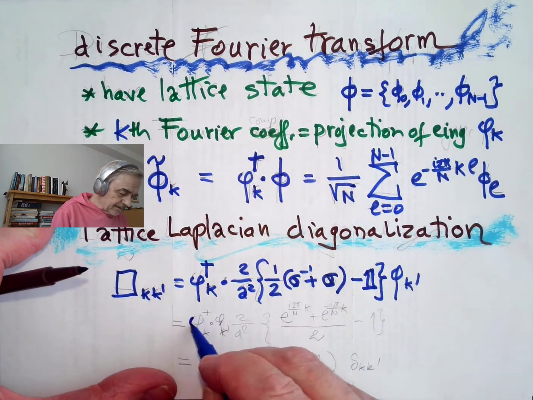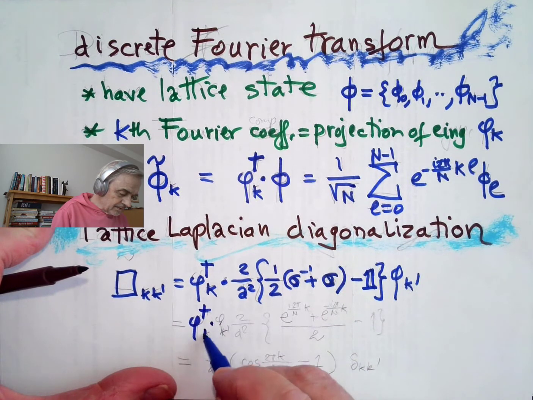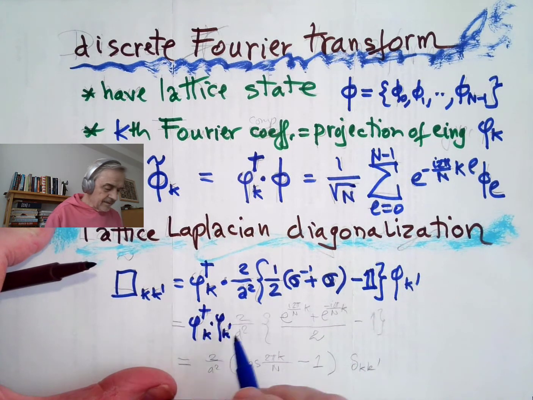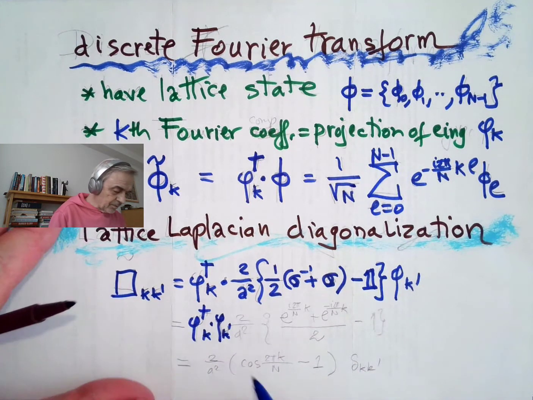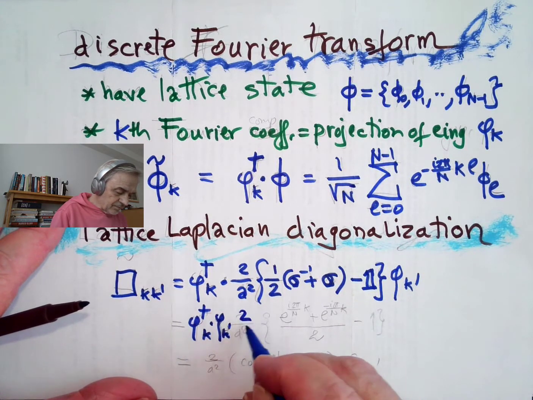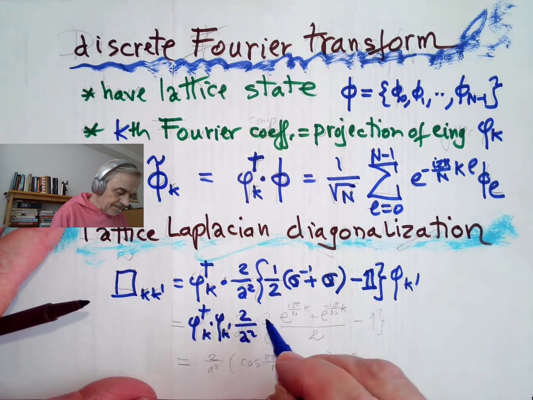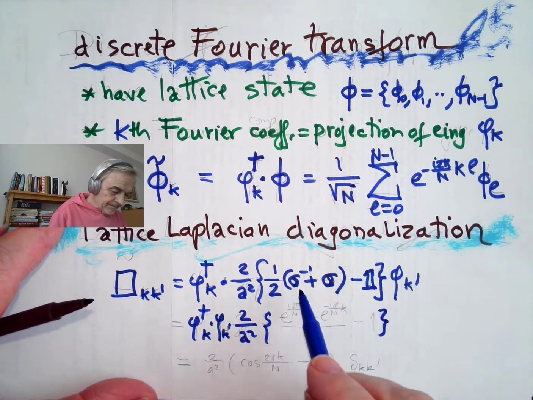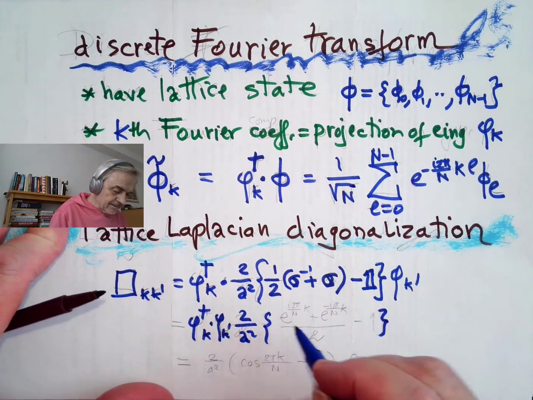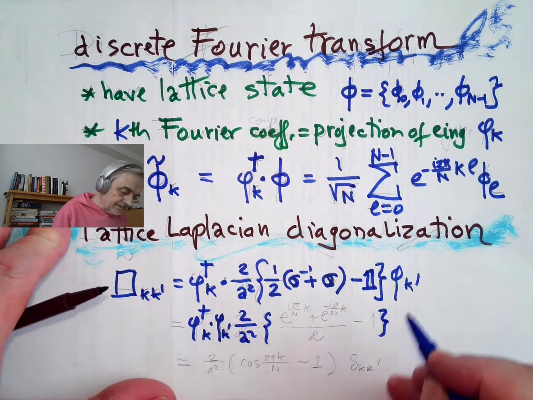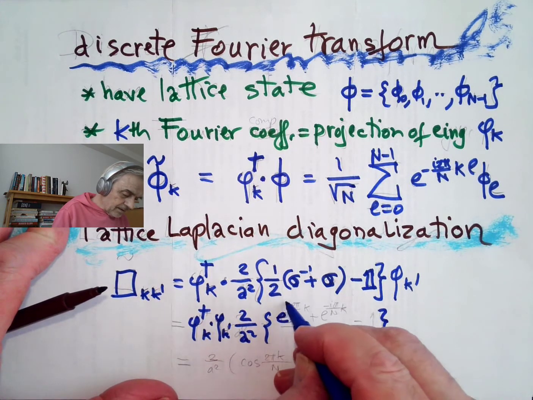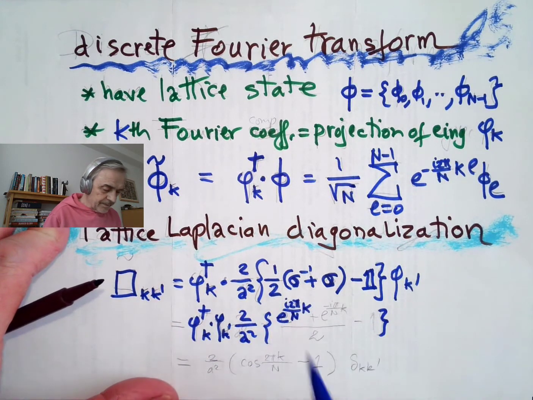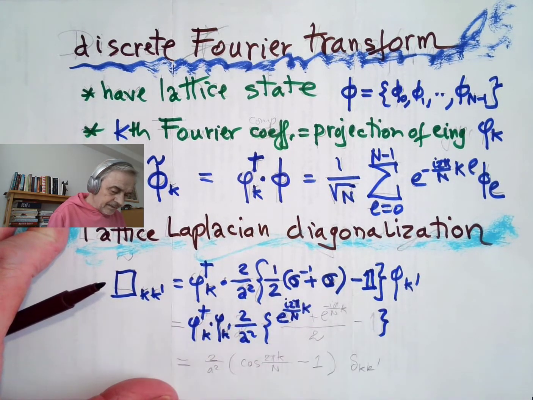So we get here F Hermitian conjugate k, the two eigenvectors, and they just give us a Kronecker delta, they're normalized correctly. Then there is 2 over a squared, and this returns the eigenvalue, but those are roots of unity, right? So they're e to the i 2 pi over n to the kth power, the primitive root.